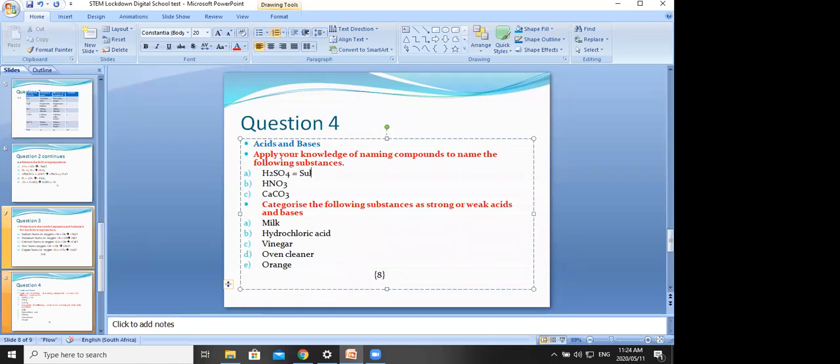It is sulfuric acid. HNO3? Nitric acid. CaCO3. Calcium carbonate. Thank you so much.